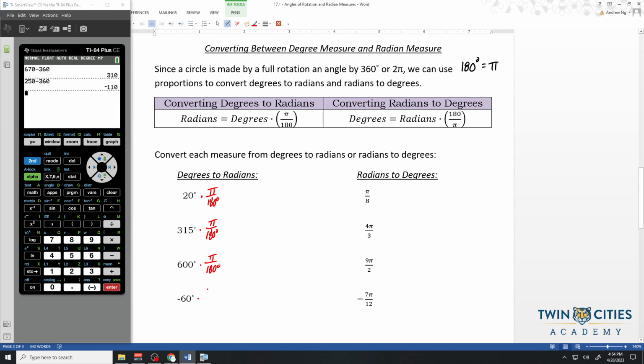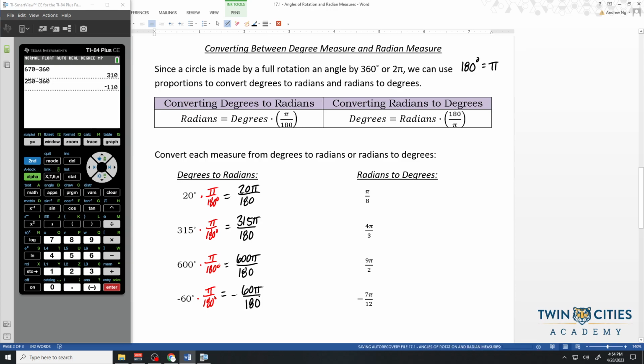Negative 60 degrees times pi over 180 degrees. Well, just multiply to the top here. So this will be 20 pi over 180. This will be 315 pi over 180. This is 600 pi over 180. And this is negative 60 pi over 180.